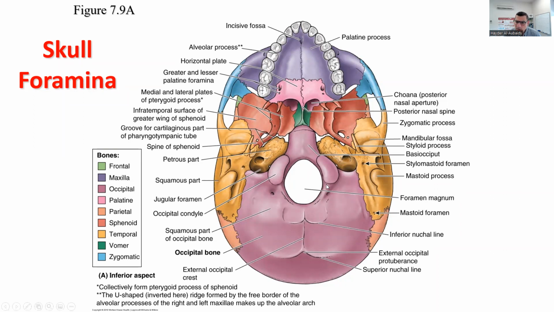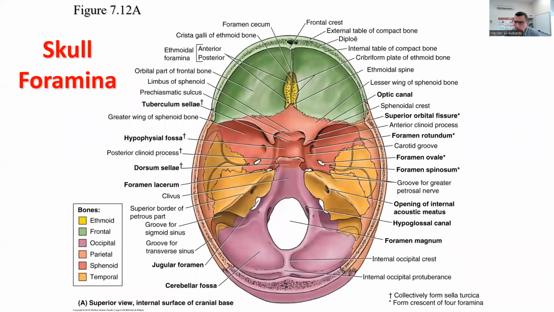It should be the jugular foramen. So no, not in this area. It's probably somewhere here in this area. It's not shown. Can you see the jugular foramen? The carotid canal should be on the other side.